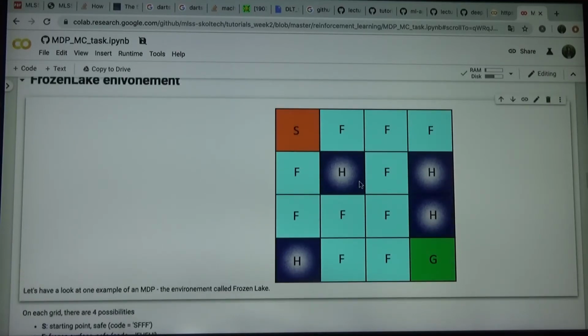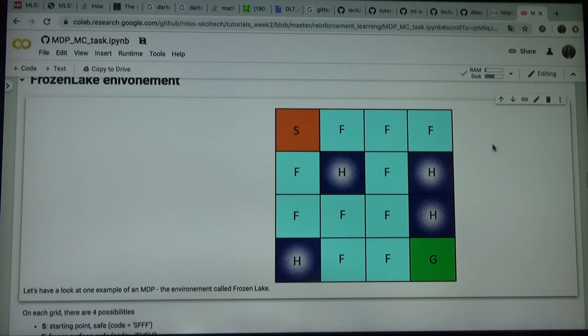Frozen Lake, simply put, is just a grid world. And what does it mean and what are the rules? Basically we have a starting point S and we need to get to the goal G. This environment is 4x4, so 16 states.